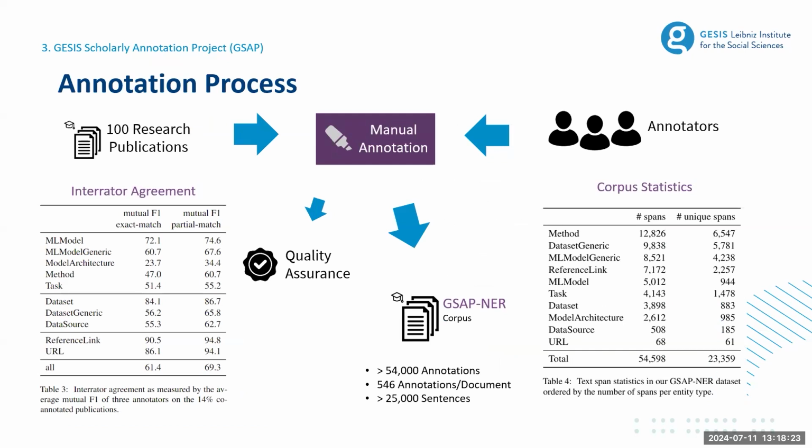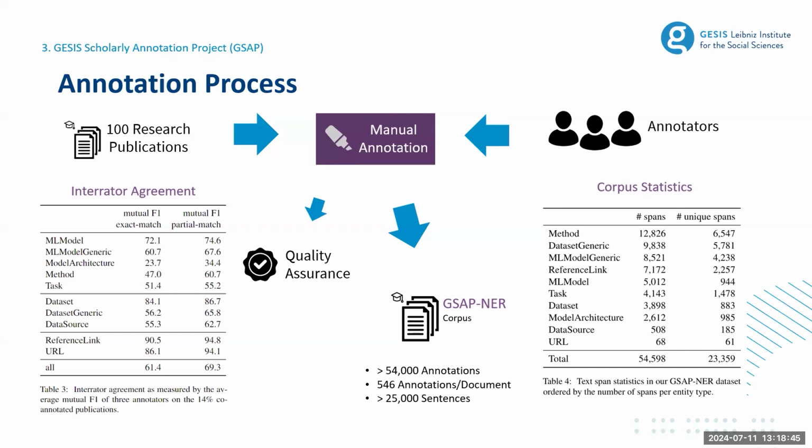The annotation process includes 3 annotators and 3 lead annotators. A part of the 100 publications are not only annotated by one annotator alone, but by all 3 annotators.